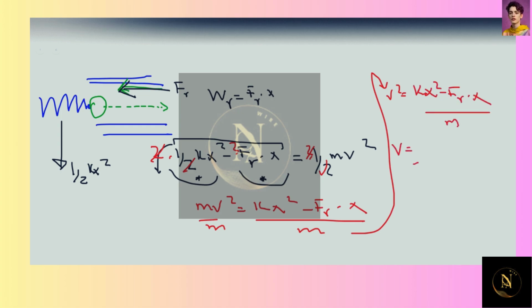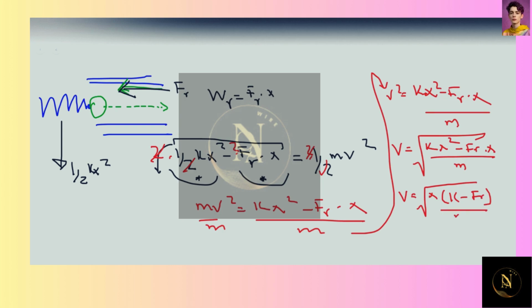The velocity becomes the square root of that. You could pull out the x, so you have the square root of x times (k x minus Fr) all over m.